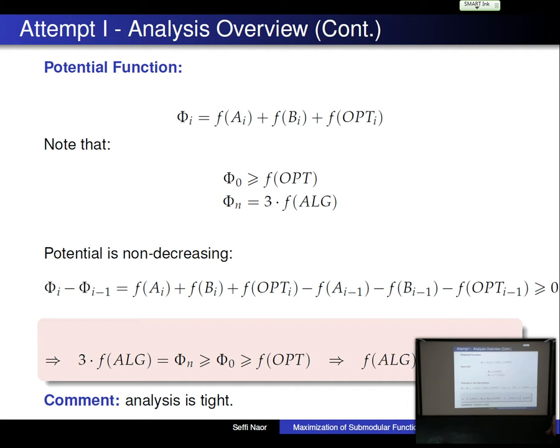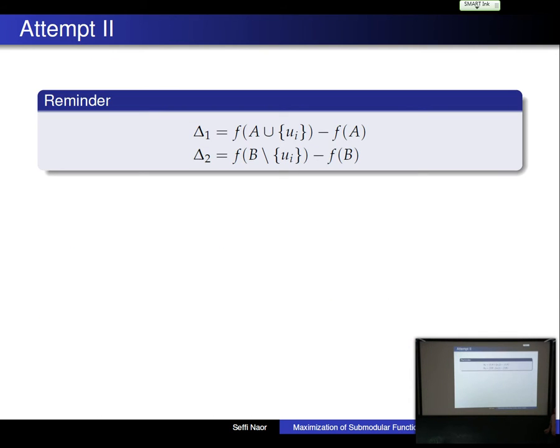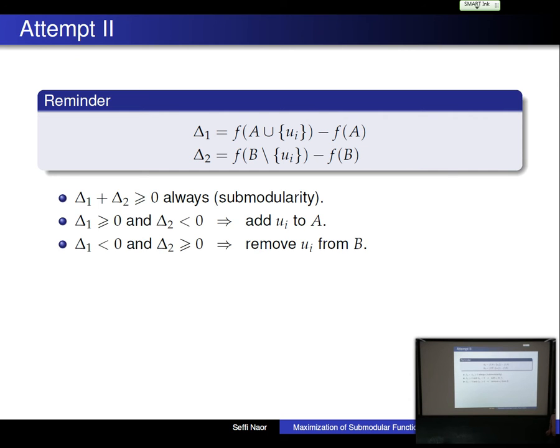And the analysis for this specific algorithm turns out to be tight. Now, remember, I promised you one half, not 1/3. So if we want to improve on this algorithm, the idea is to do a randomized step.